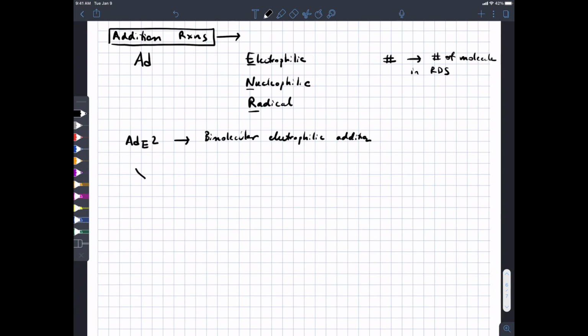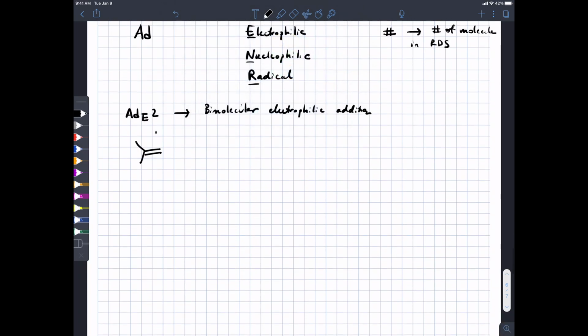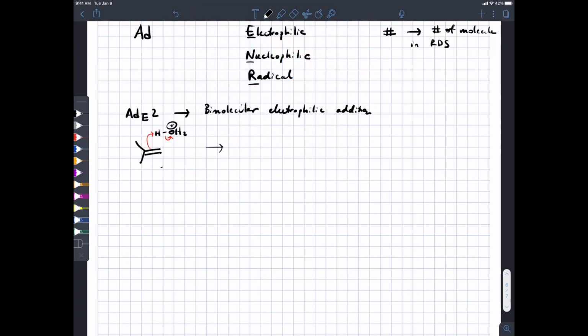So in alkene hydration, I want to make sure I don't do stupid things and mislead you. The rate determining step is formation of the carbocationic intermediate. So that's your 2 molecules. That's the 2. And this is the electrophile part.